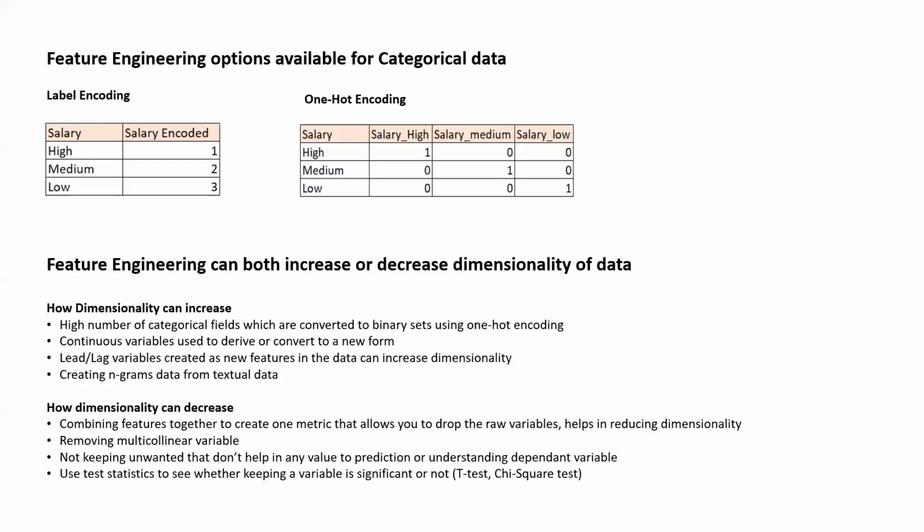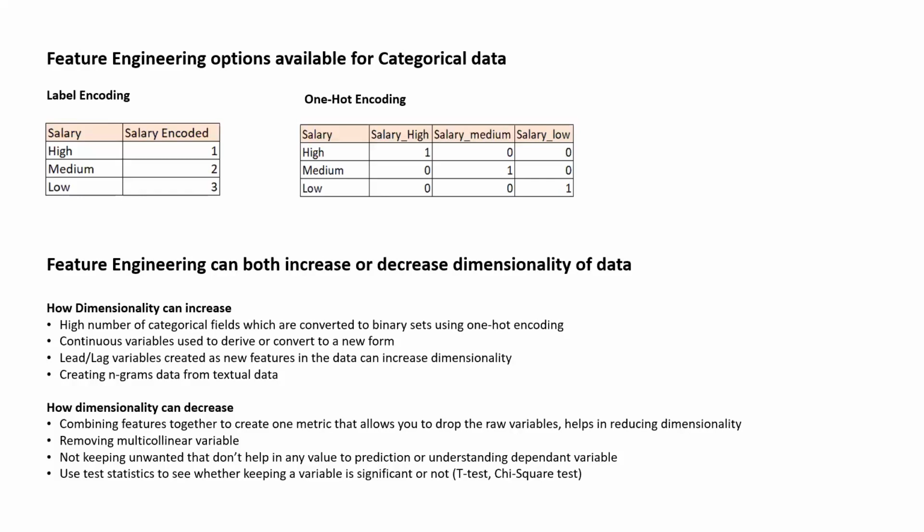Rather than keeping both correlated variables together, you can create a ratio of time to spend in your data set, and that might be enough to reduce the dimensionality rather than keeping two variables. So always look for wherever you can combine certain variables together to make a new derived field, because that always leads to better interpretability of the model, and you can explain it in a better format as well.